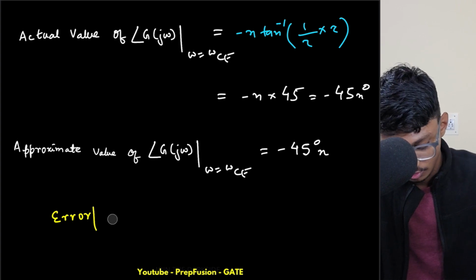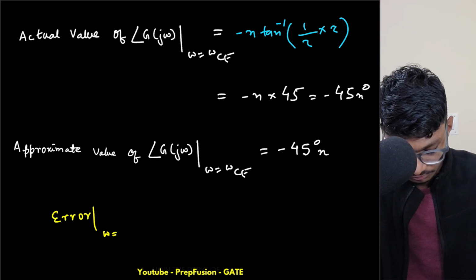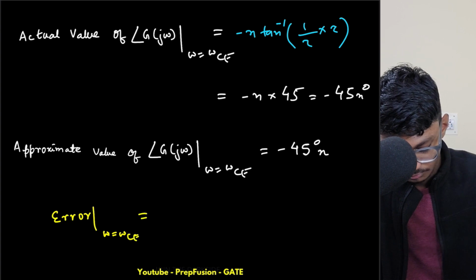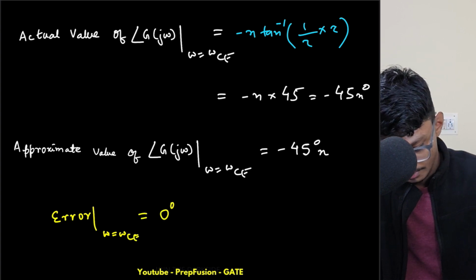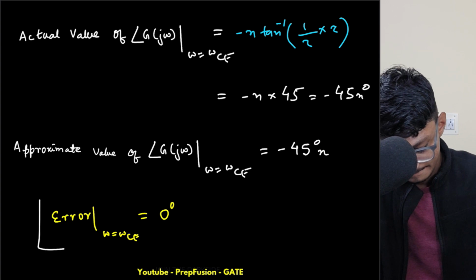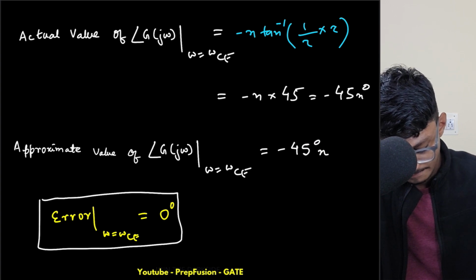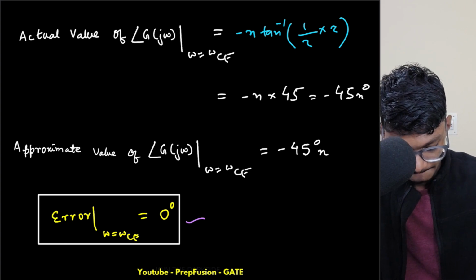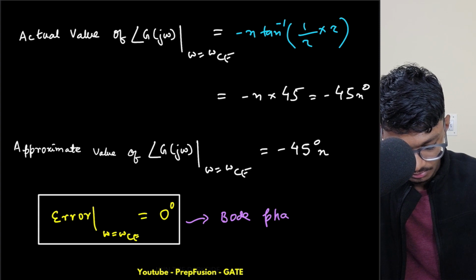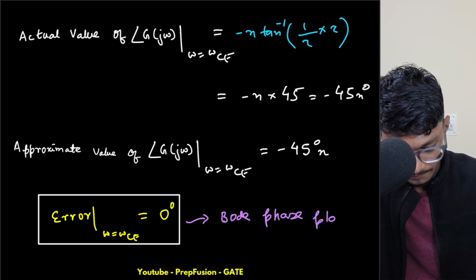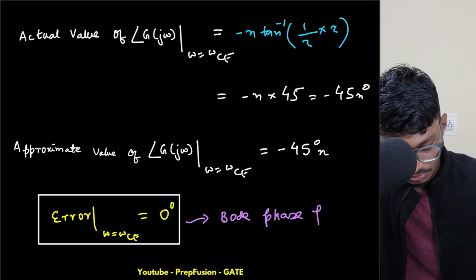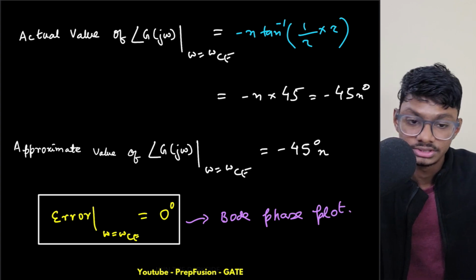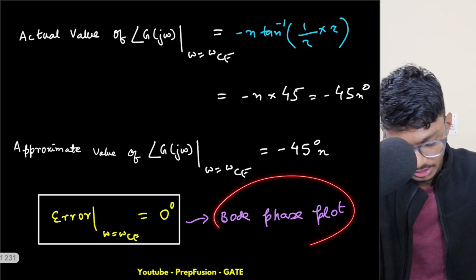We are mainly interested in the corner frequency. Bode phase plot. So this is the error in the Bode phase plot and Bode gain plot.